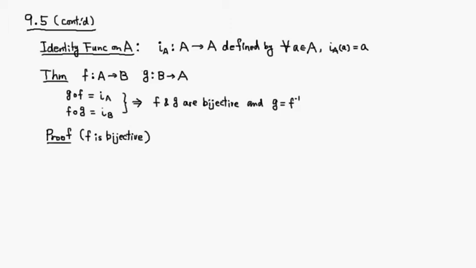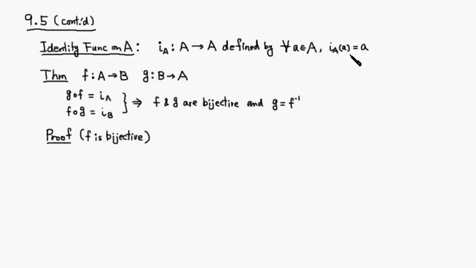Okay, let's look at section 9.5 continued. Let's define the identity function on A. Here's the notation: I sub A is a function from set A to set A defined by, for all a in set A, I sub A of a is a.